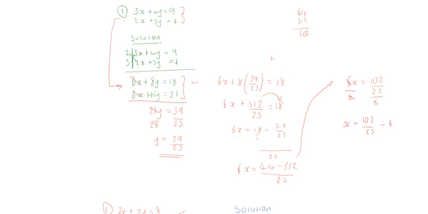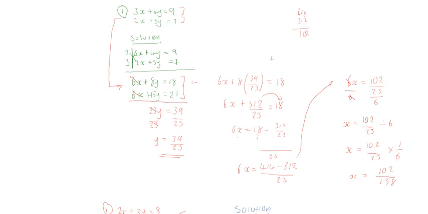Then we have learned that when we have a division here, we can change it to multiplication, to give us something like this. Okay, so 102 times 1 will simply give us 102, and then 23 times 6 will simply give us 138.